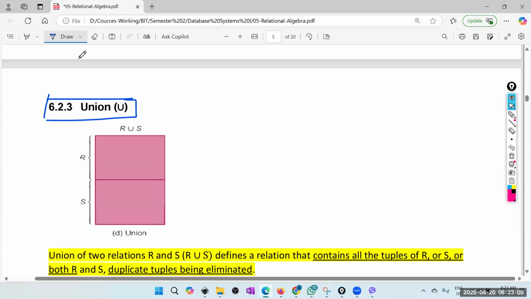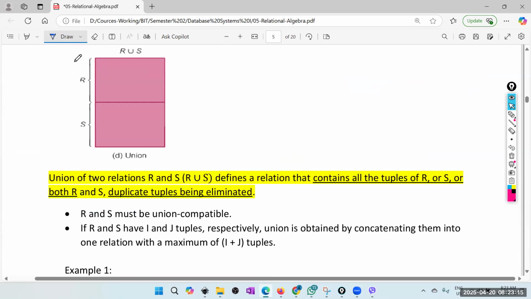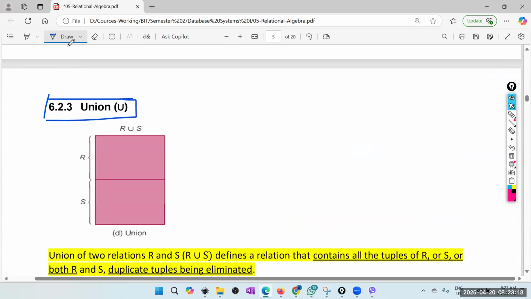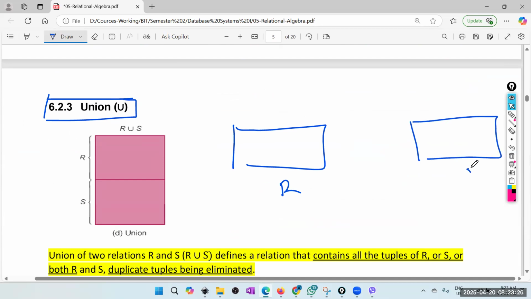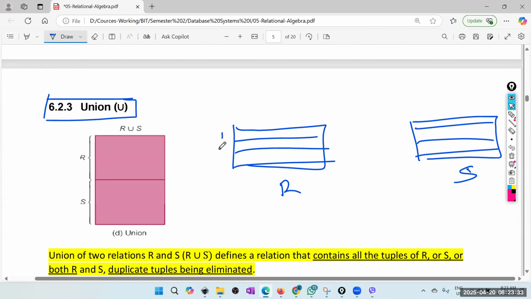So union operation is similar to the set union operation. Right, set union operation. So that means if you have two data sets, this is my R data set, this is my S data set. So this has a set of records, say student 1, 4, 5.